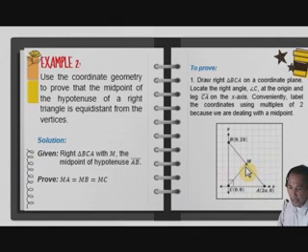Point M needs to be equidistant from all the vertices. MB, MC, and MA must all be equal.